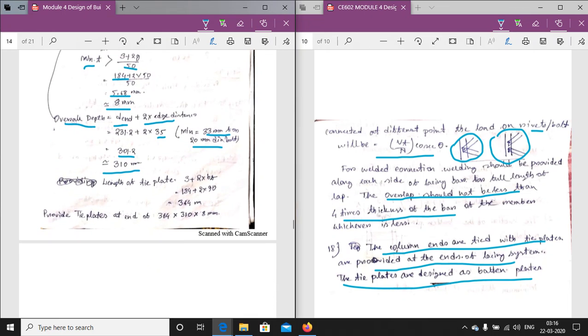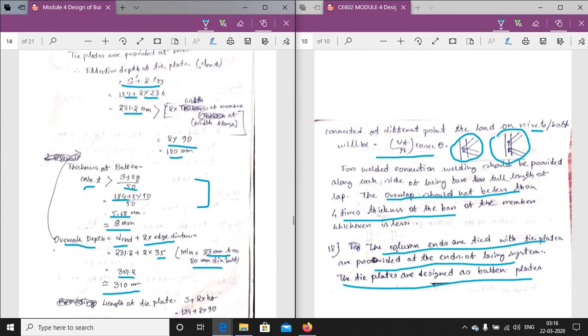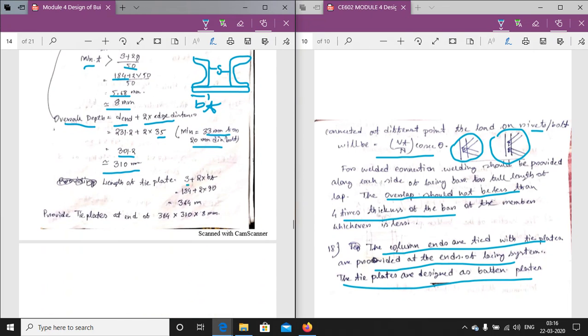Now coming to the length of the tie plate. If it is one member, and this is another member, the length of the batten plate will be S plus 2 into BF, that we know.